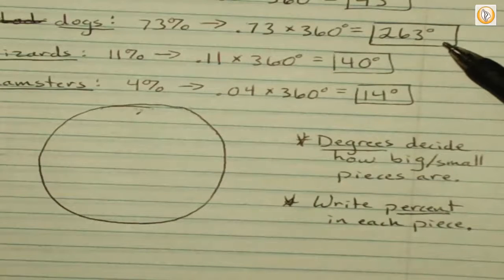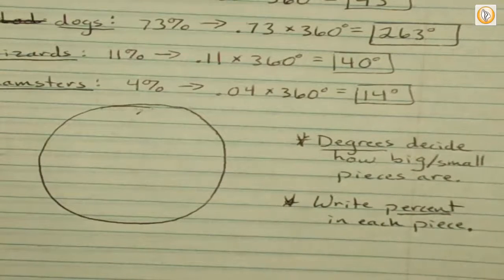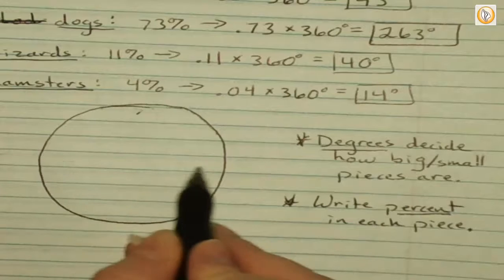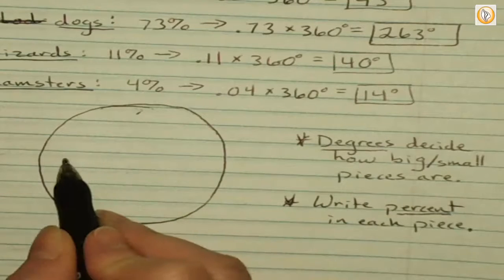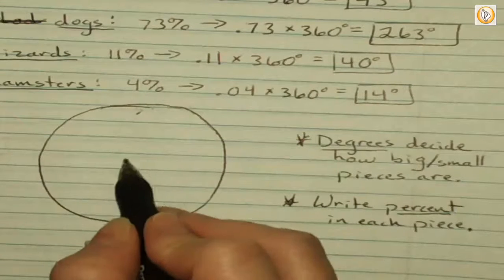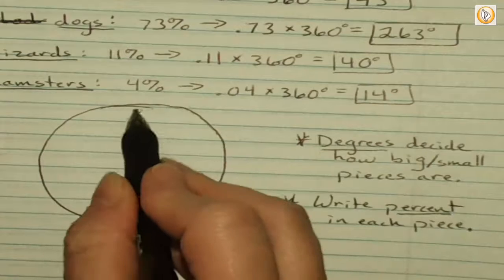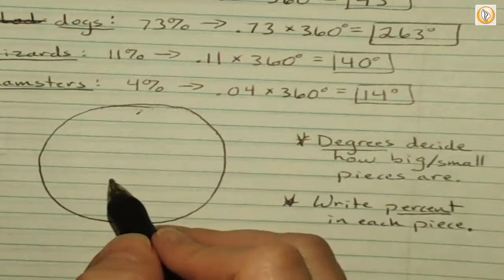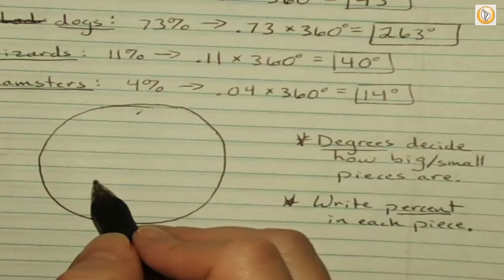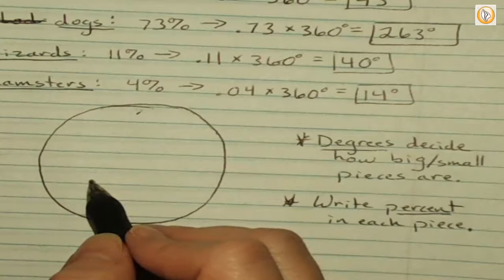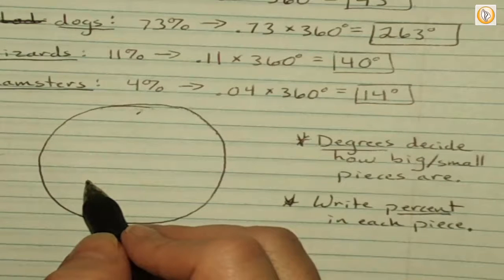That's 263. So if a straight line is 180 and a line that goes up and down is 90, what's 180 plus 90? 270 degrees. Is he right?